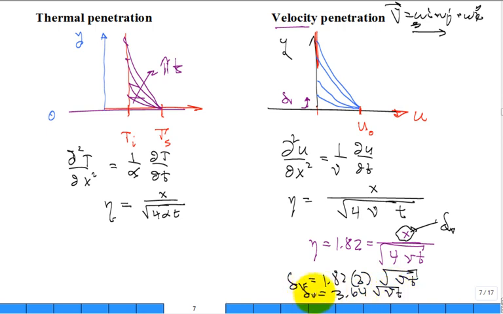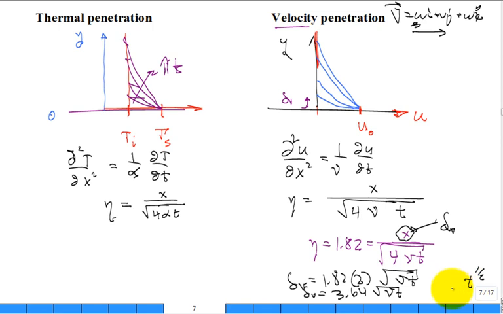The penetration of the velocity profile into that stationary stagnant fluid when I have an impulsively started plate at the bottom, that's the solution. So it grows with respect to time t to the 1/2.